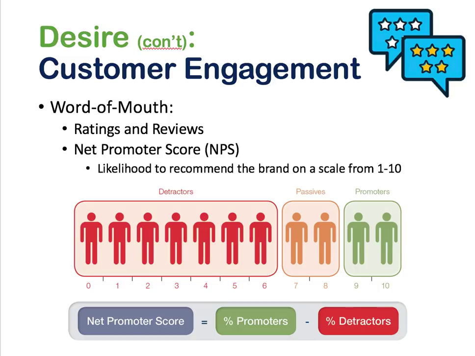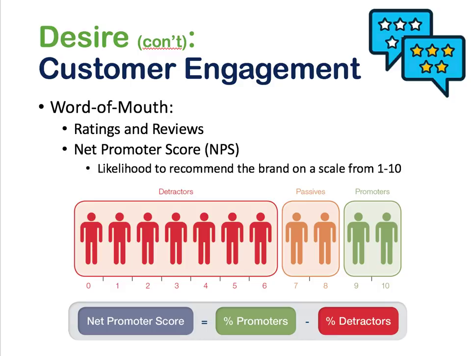In a Net Promoter Score, also known as NPS, we ask our target audience how likely they are to recommend the brand on a scale from 0 to 10. Anyone who rates the brand between a 0 and a 6, the red people in this visual here, are referred to as detractors.